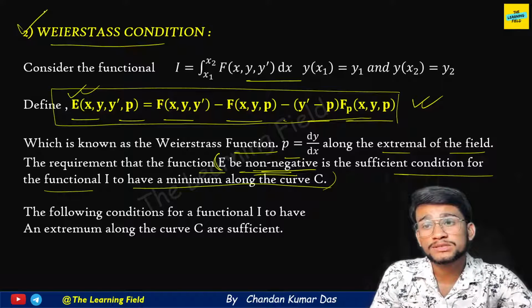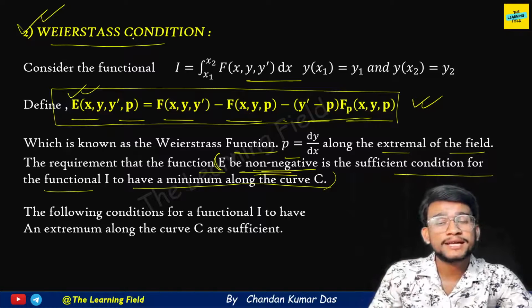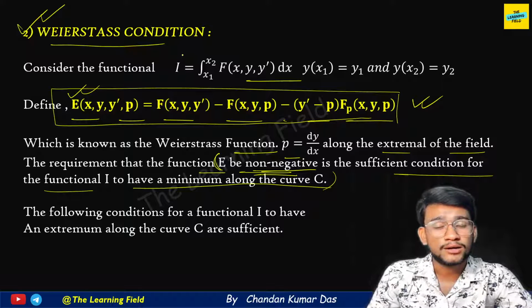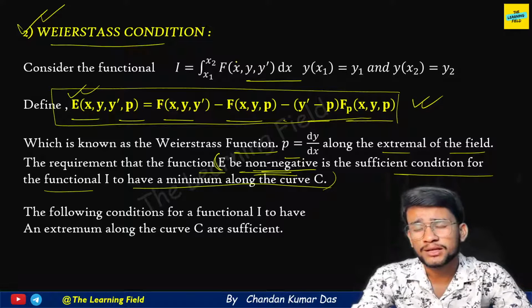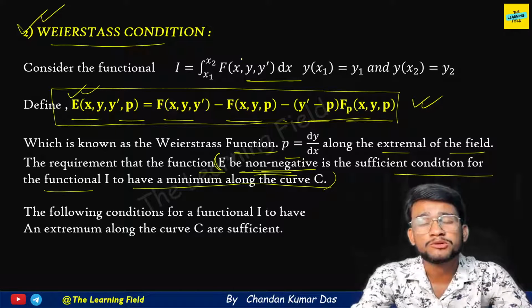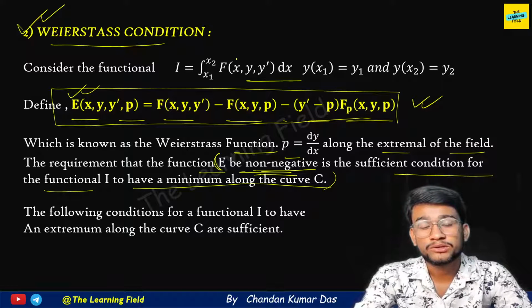This is the more general condition, and I say again and again that when you get this type of problem, to say whether strong minima or strong maxima exist, you always apply the Weierstrass condition, because it is the more general and more powerful condition.